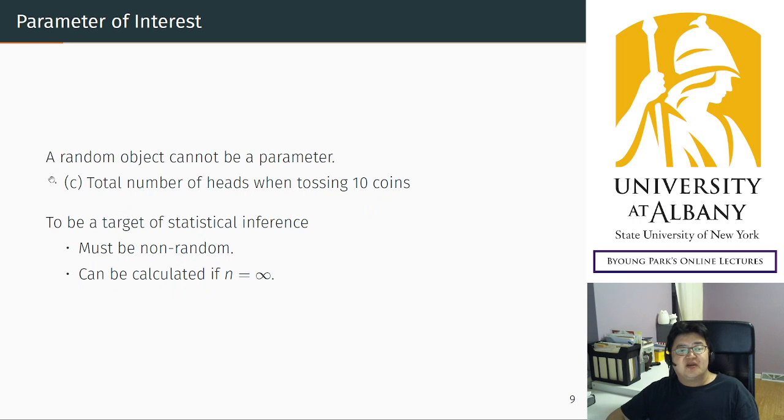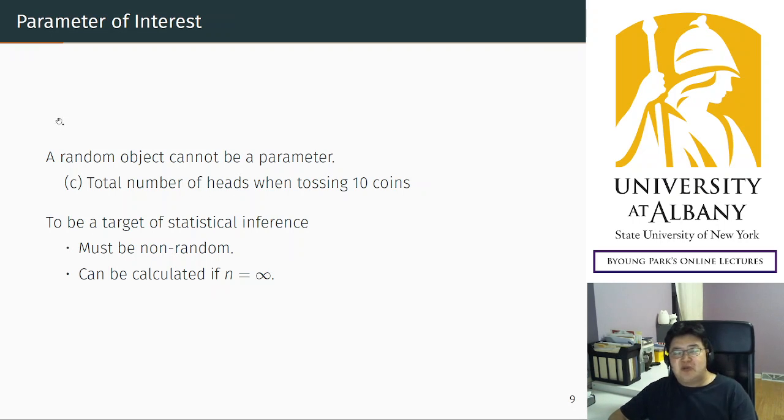Guess. The answer is C. The total number of heads when tossing 10 coins is random. Even if you throw the 10 coins and repeat that experiment an infinite number of times, still the number of heads is random. It's forever random, right?